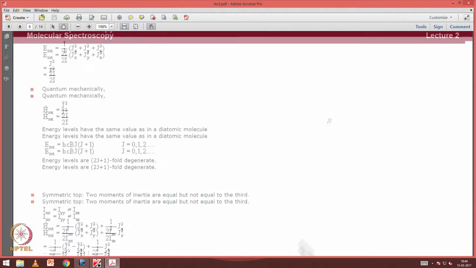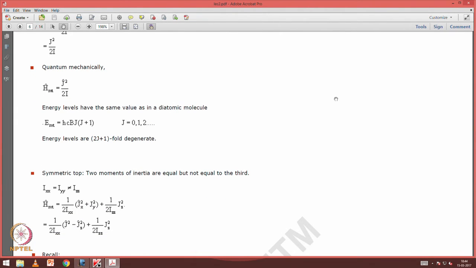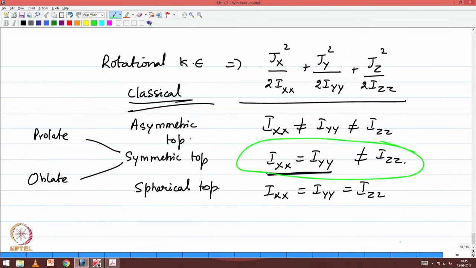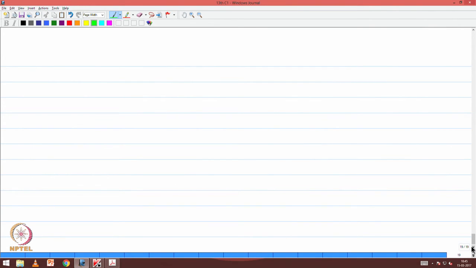Now, the energy level for a symmetric top follows very closely the energy level description of a linear molecule. So, if we have to write the Hamiltonian for a symmetric top, we have h bar squared by 2 times J_x squared by I_xx plus J_y squared by I_xx, because both are equal, I_yy and I_xx.